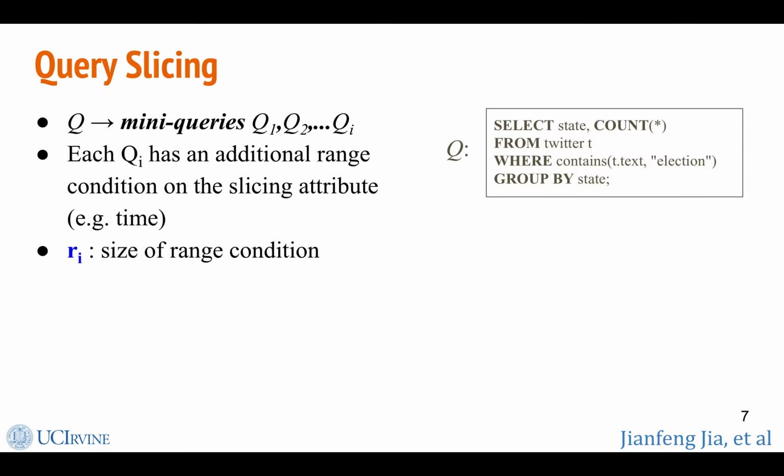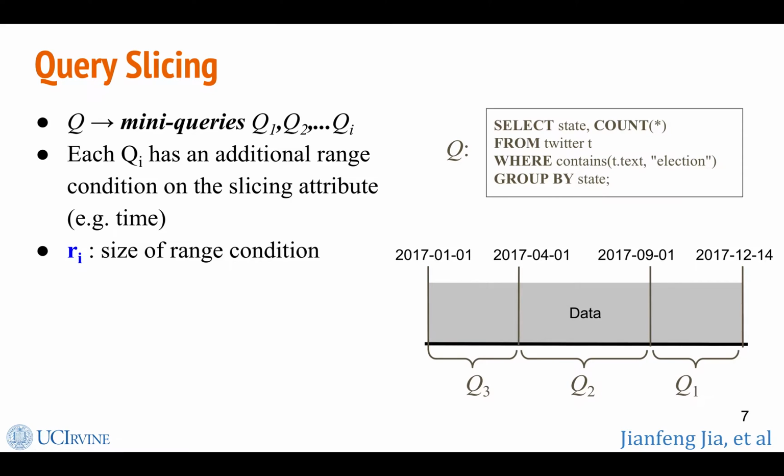As an example, suppose the middleware gets a request which asks for the by-state aggregation result for the number of tweets mentioning election. The middleware can split the query into 3 mini queries.